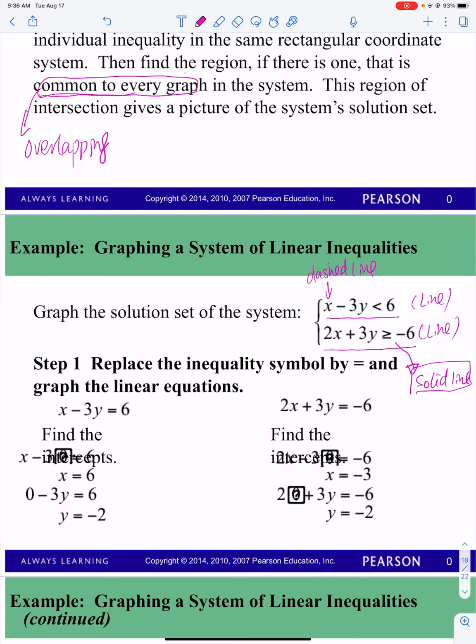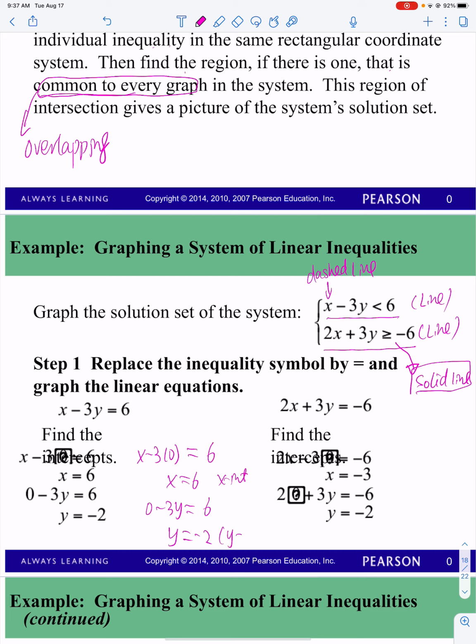So when x minus 3y equals 6, you can find the x-intercept and y-intercept here. Substitute y equals 0. So x minus 3 times 0 equals 6, then x equals 6. That is your x-intercept. Then 0 minus 3y equals 6, so y equals negative 2.